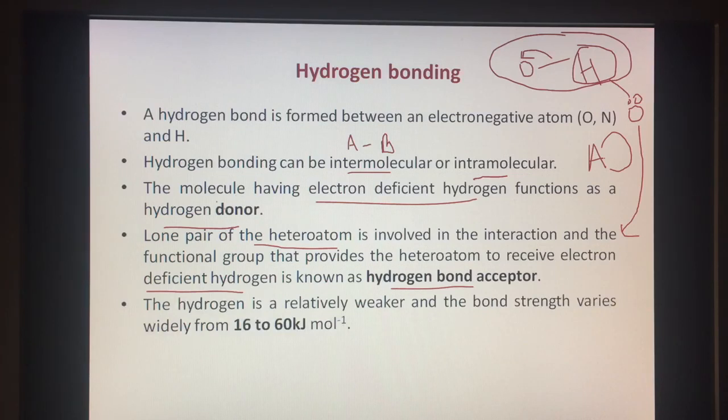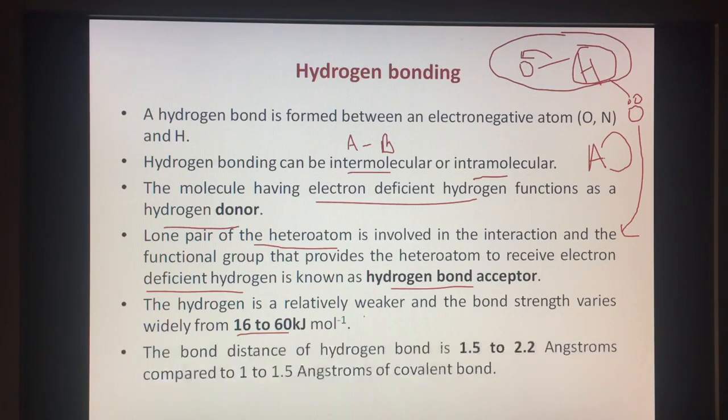The hydrogen bond is a relatively weaker bond, and the bond strength varies from 16 to 60 kilojoules per mole. Also, the bond distance of a hydrogen bond is longer in comparison to the covalent bond. In the case of a covalent bond, the distance is 1 to 1.5 angstrom, whereas in the case of a hydrogen bond, the distance is 1.5 to 2.2 angstrom.